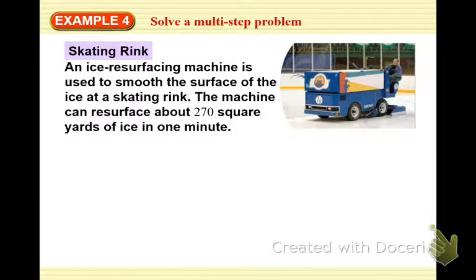Skating rink. An ice resurfacing machine is used to smooth the surface of the ice at a skating rink. The machine can resurface about 270 square yards of ice in a minute.